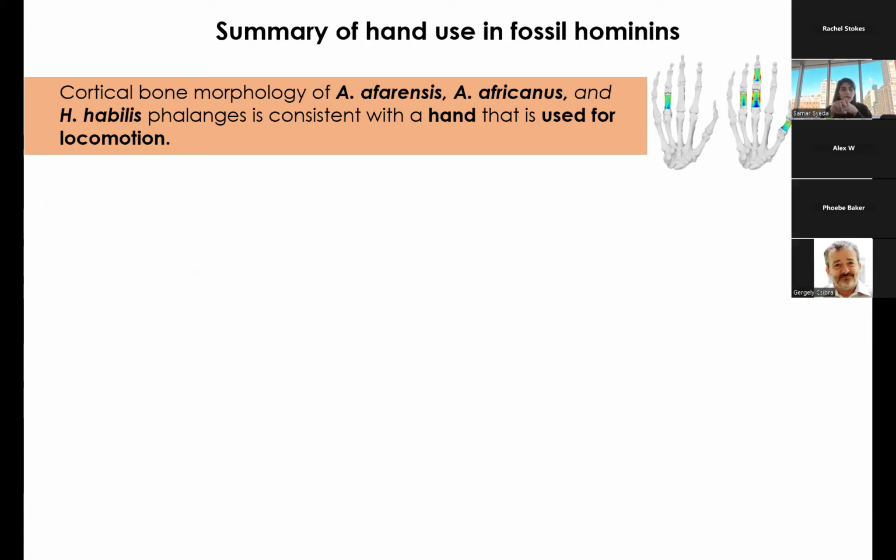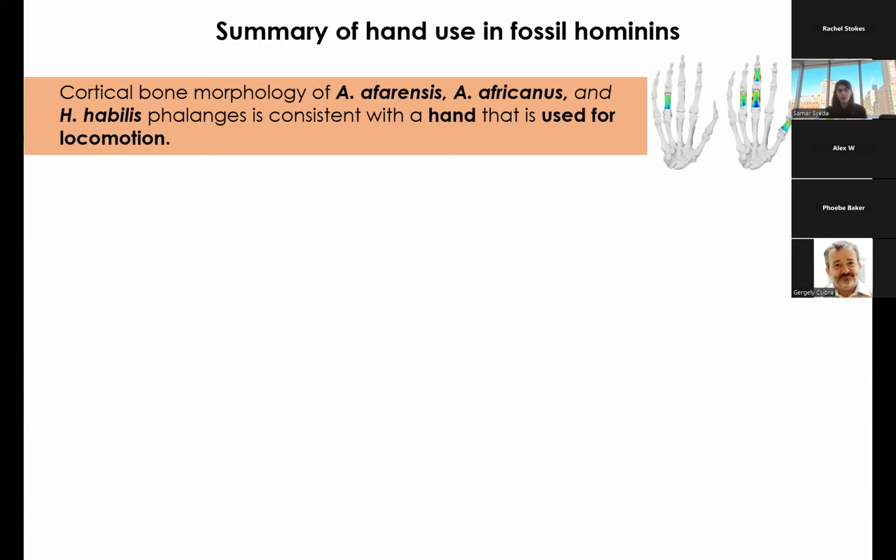And that is not to say that they weren't using tools, they weren't capable of that, but that the consistency and the frequency at which they were using their hands for locomotion versus manipulation was probably leaning more towards locomotion in their habitual lifestyle.